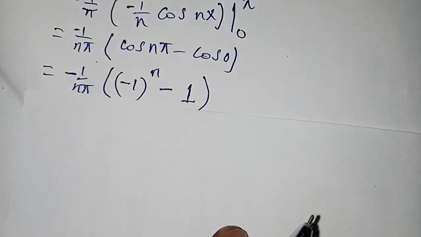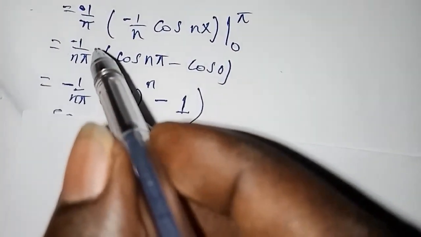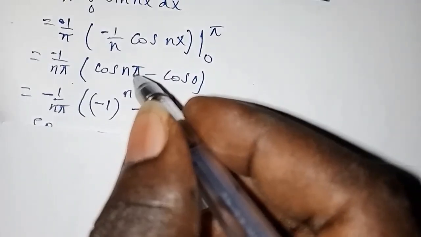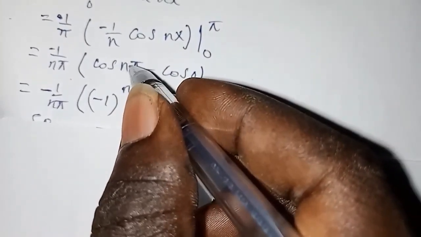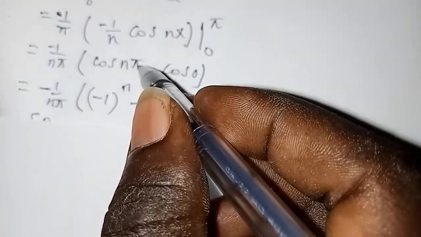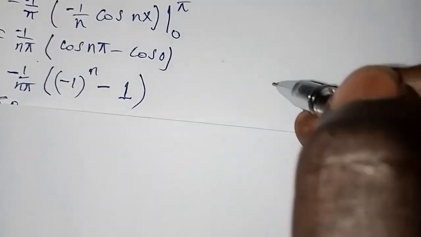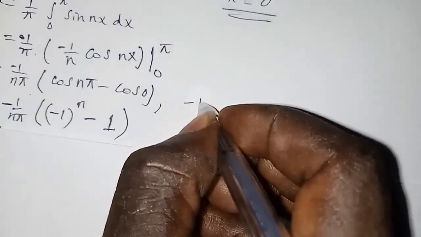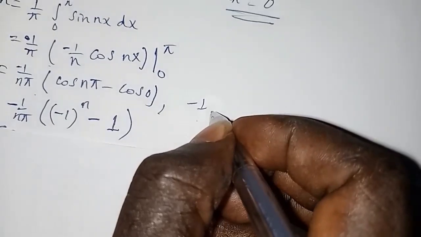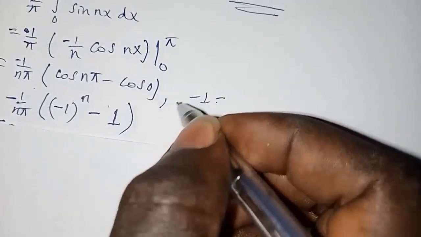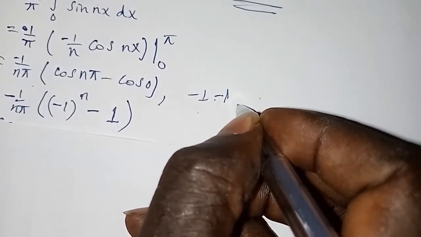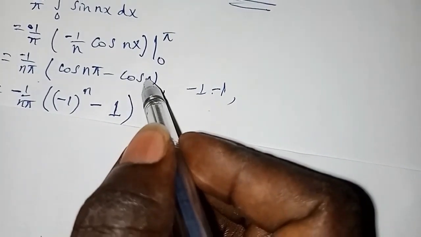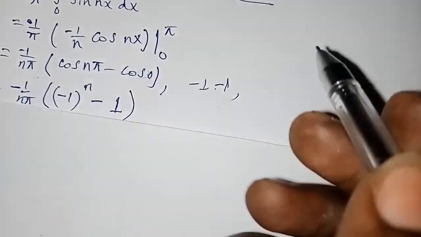Then you can get minus 1 over n pi into this. If you substitute n is 1, cos pi is minus 1, and cos 0 is 1, so minus 1 minus 1.